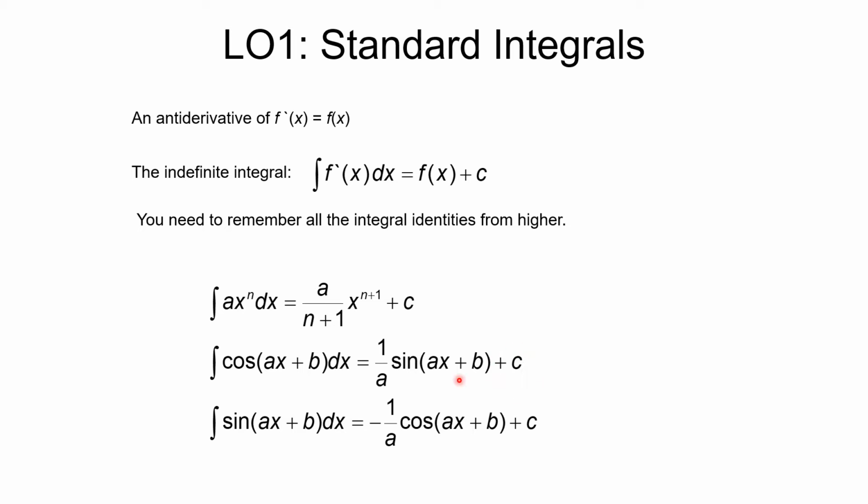And don't forget the c, because this is simply an indefinite integral. When you integrate sine (ax plus b) with respect to x, your result will be negative 1 over a cosine (ax plus b). And of course, don't forget your c, because this is an indefinite integral.